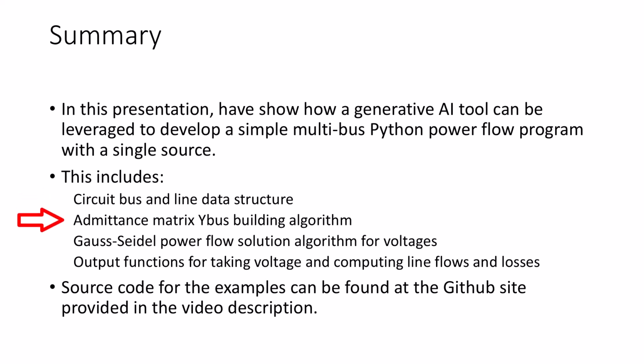After this, we implemented an admittance matrix Ybus building algorithm. Then we used requirements to build a Gauss-Seidel power flow solution algorithm for determining the voltages. Finally, we developed output functions for taking the voltage solution and computing line flows, losses, and swing bus generator injection.